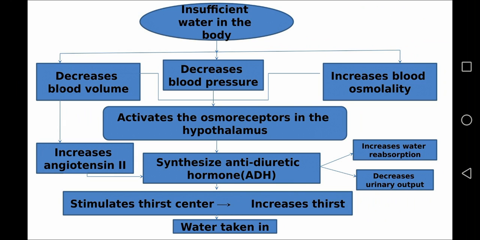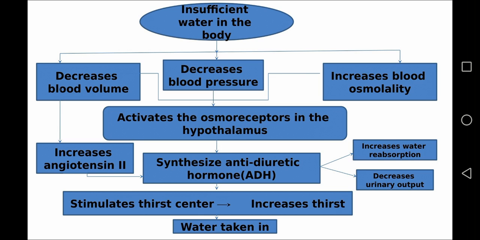When the body fluid volume decreases, by the action of angiotensin converting enzyme, angiotensin 1 is further metabolized to produce angiotensin 2. The action of angiotensin 2 increases the blood pressure by causing constriction or narrowing of the blood vessels. The action of ADH increases the water reabsorption and decreases the urinary output.